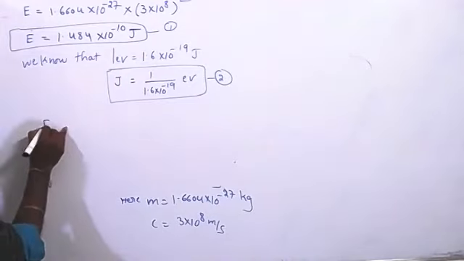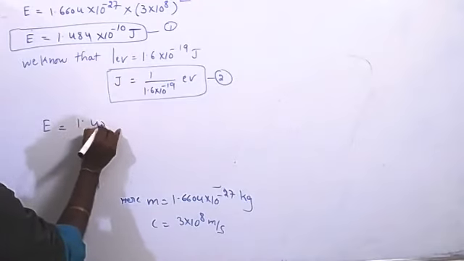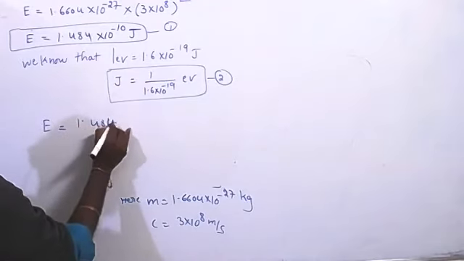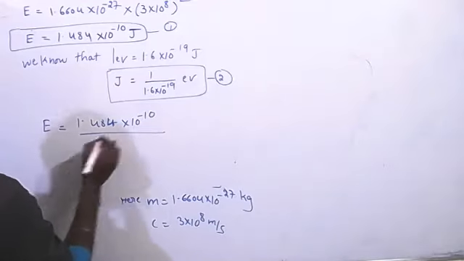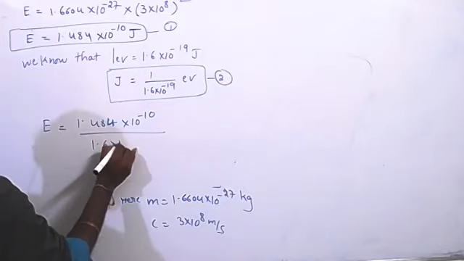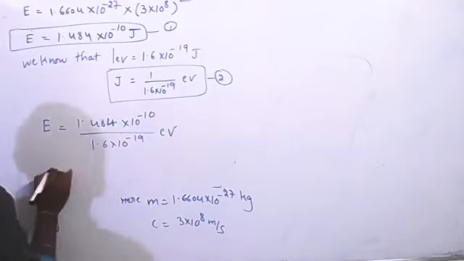So E equal to 1.484 into 10 to the power of minus 10 by 1.6 into 10 to the power of minus 19 electron volt.